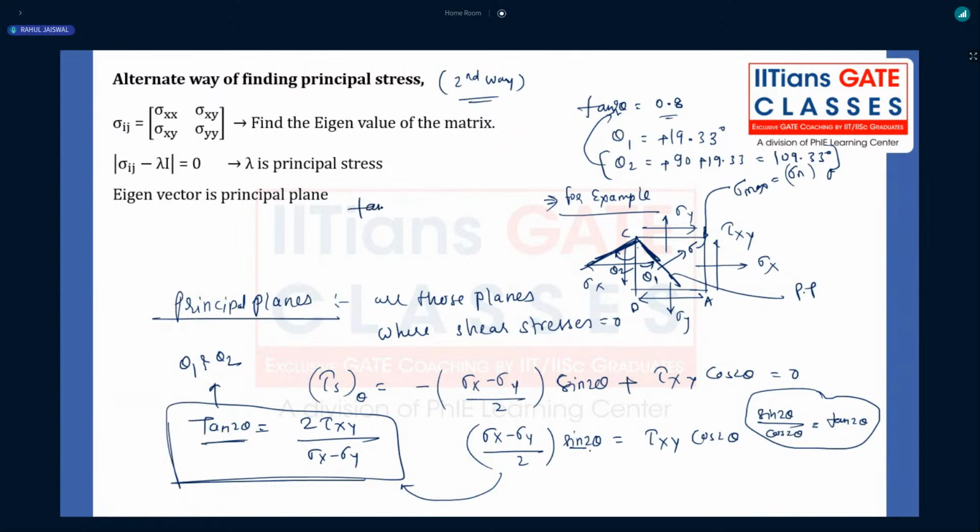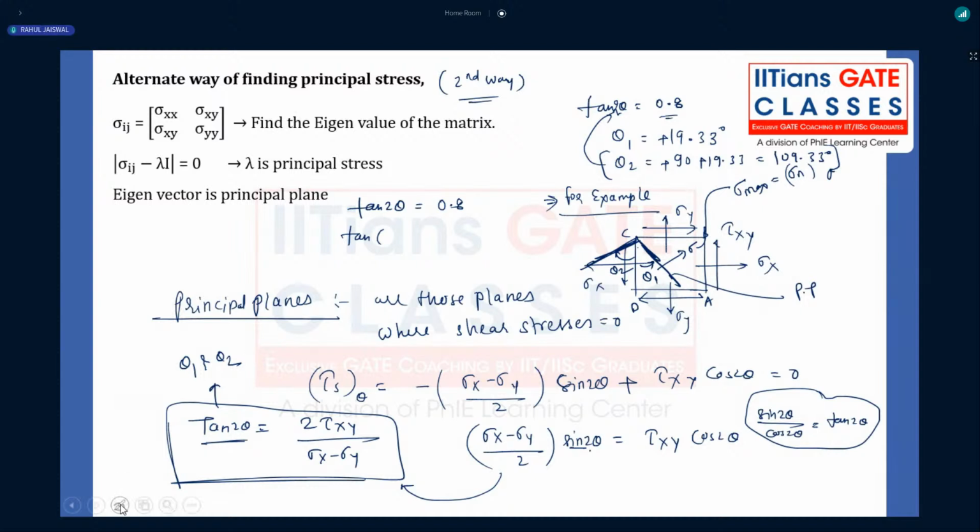Here you got, suppose, tan 2 theta, one particular value, for example 0.8. Now tan of 180 plus 2 theta will be tan 2 theta. Can we write that mathematically? Tan 180 plus 30, if you do that, what will you be getting?